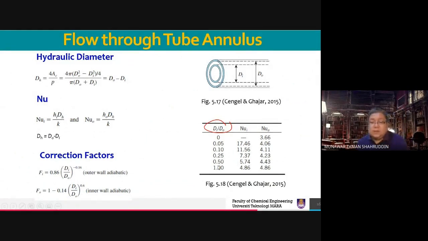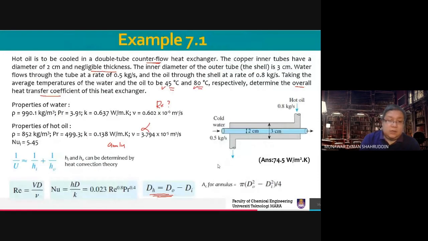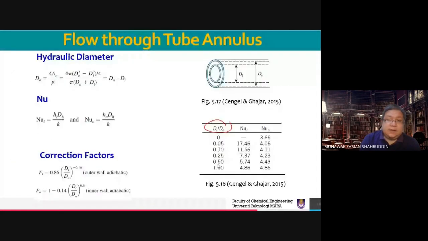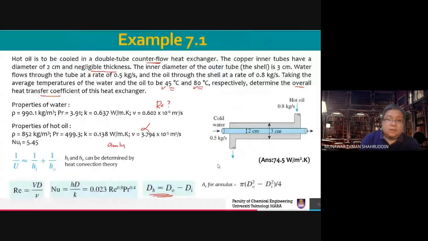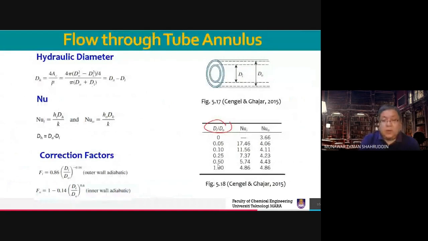So this is in between 0.5 and 1. So you kena buat interpolation lah. In between, you nak kena cari Nu i. Nu i in this case is 5.45.